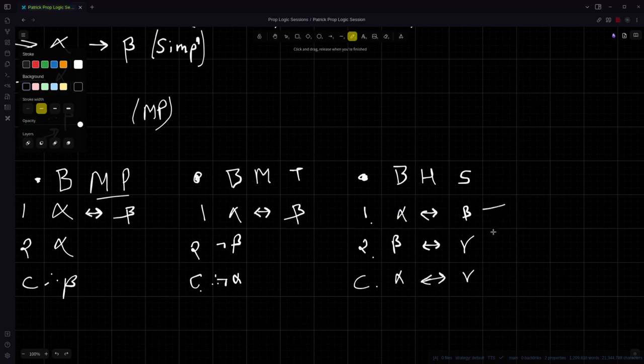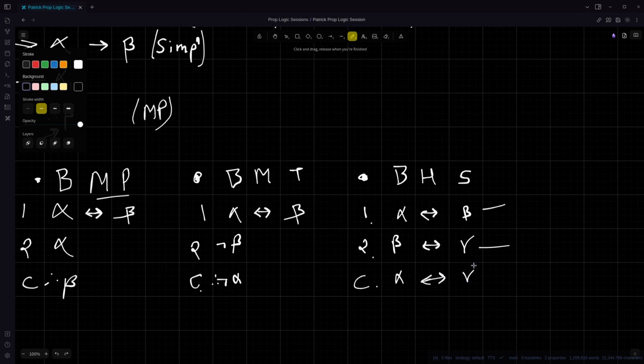If you have this, you can derive alpha implies beta from that. If you have this, you can derive beta implies gamma from that, and we can straightforwardly apply the regular hypothetical syllogism to this and get alpha implies gamma.